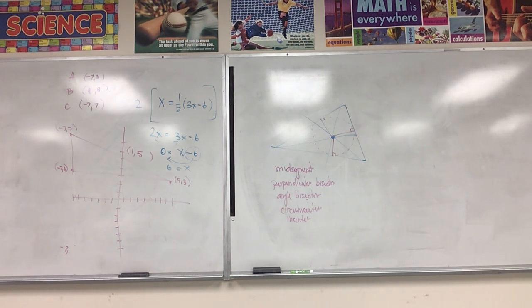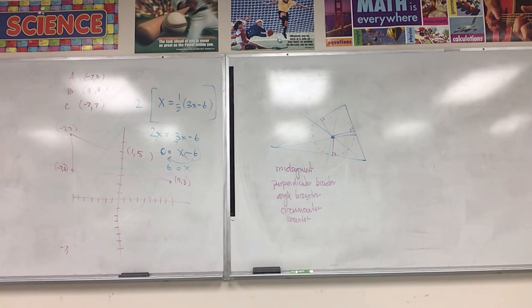What do I know about HL? Anybody? It's an angle bisector, correct? And what do I know about an angle bisector? Any point on the angle bisector is equidistant from the sides of the angle.